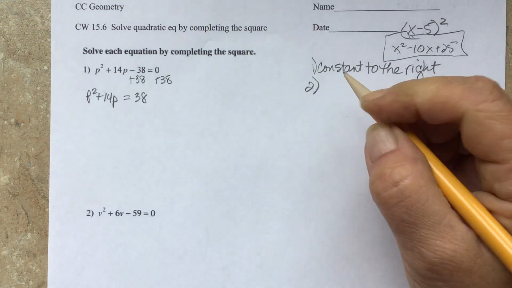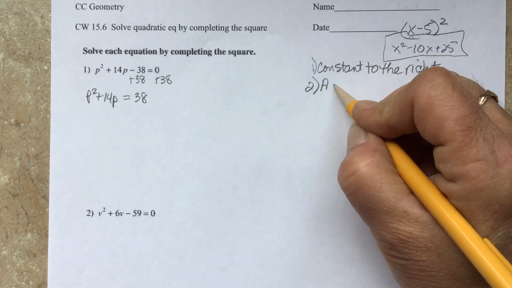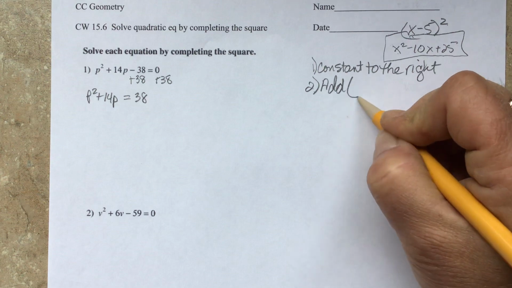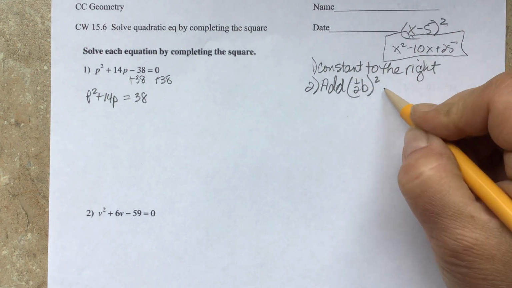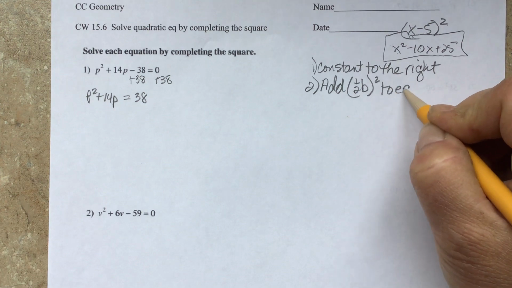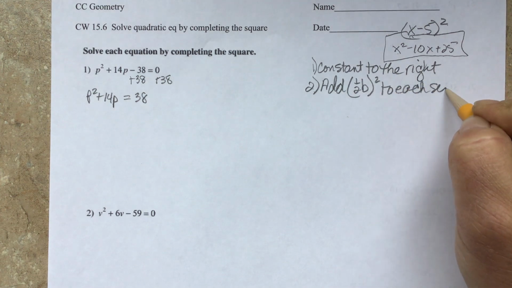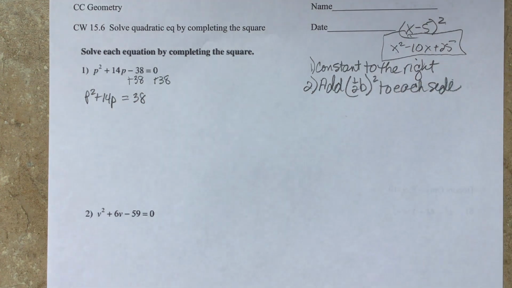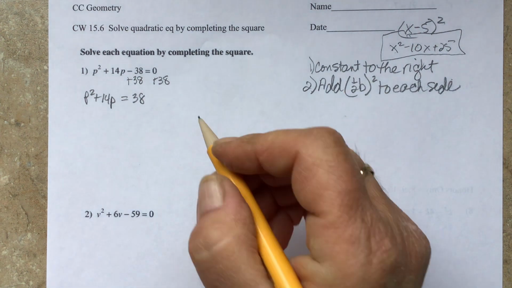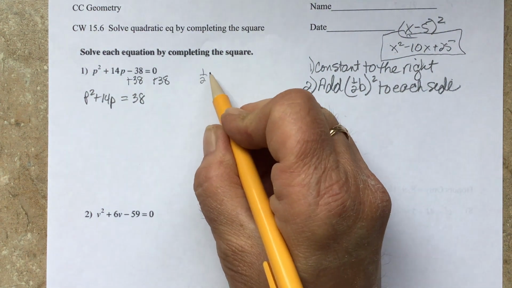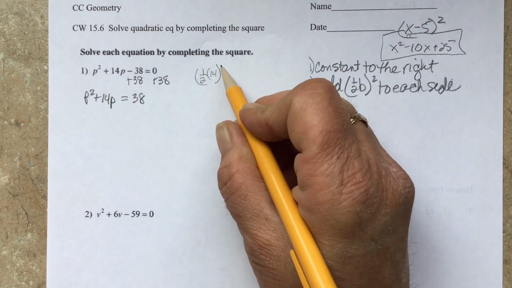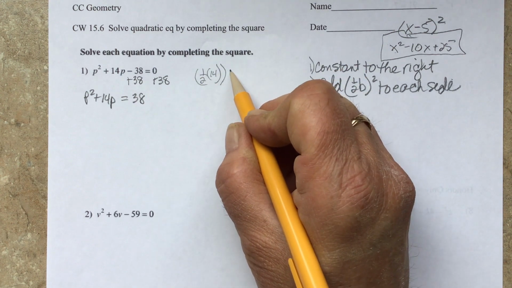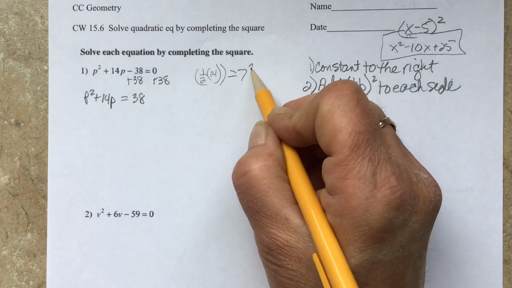All right, the next step is to add half of b squared to each side. Okay, so in this case, half of b is half of 14, and we want to take that number and we want to square it.